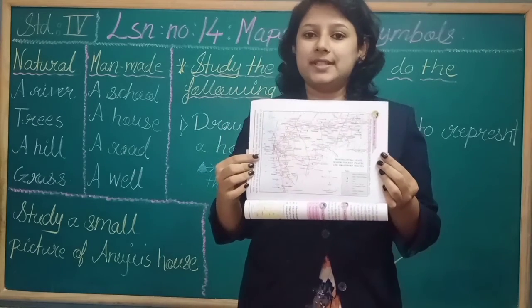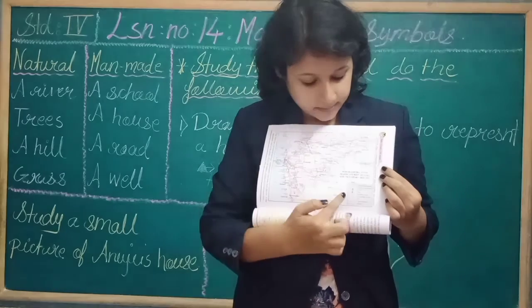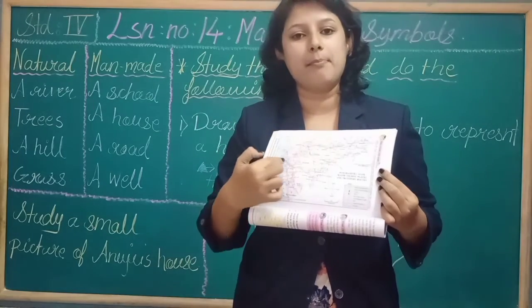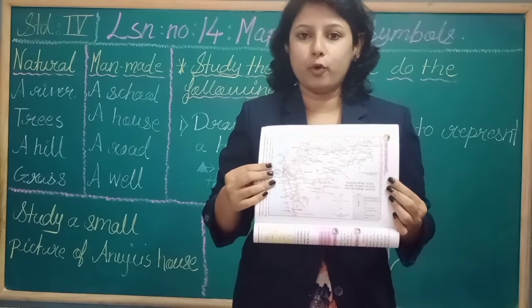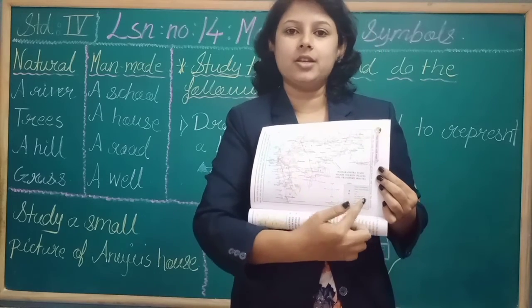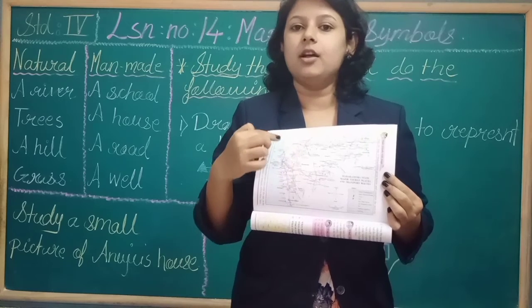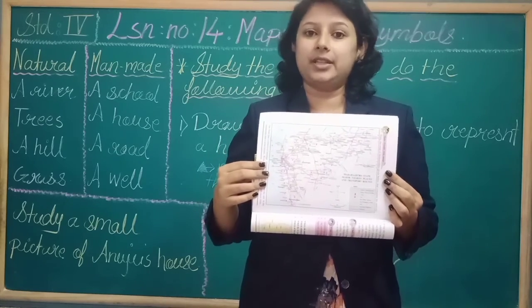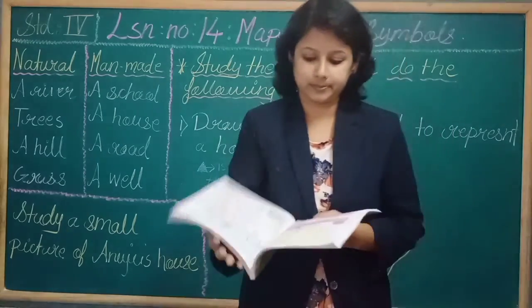With the help of these symbols, you can find them. You will see the symbol here and search for it in the map. Wherever you see the symbol of the fort, which is given in the bracket, you will identify it as a fort. So, it's easy for us to identify things with the help of symbols in the maps.